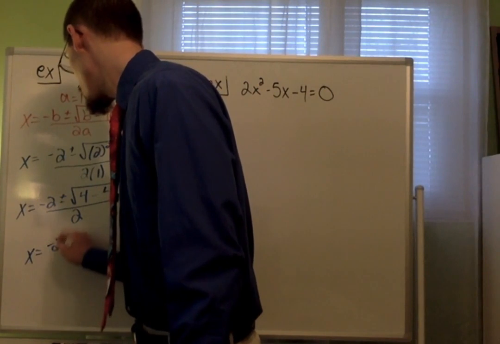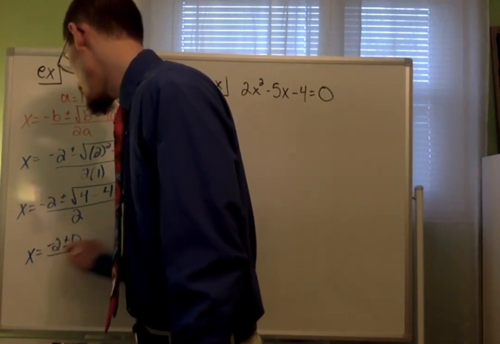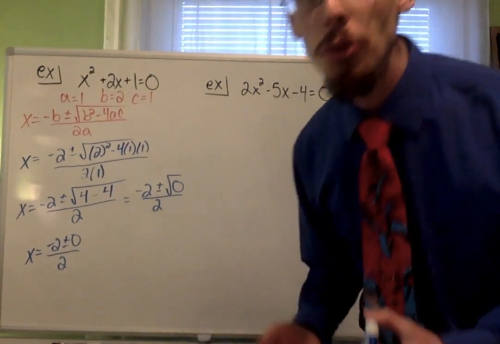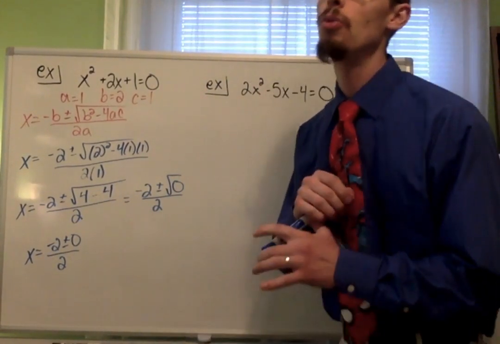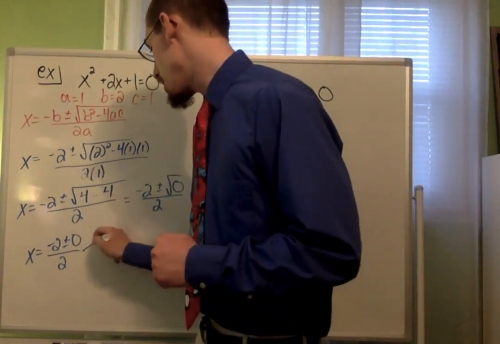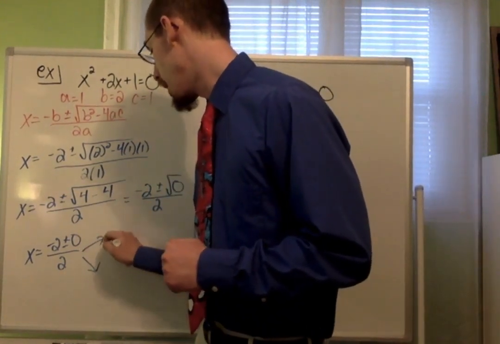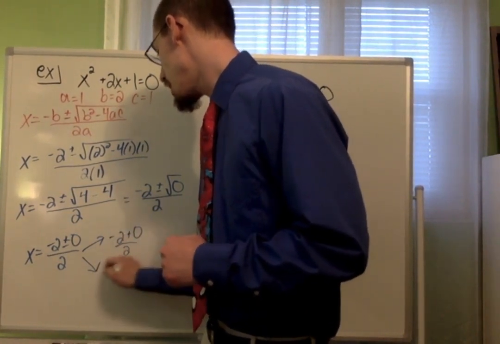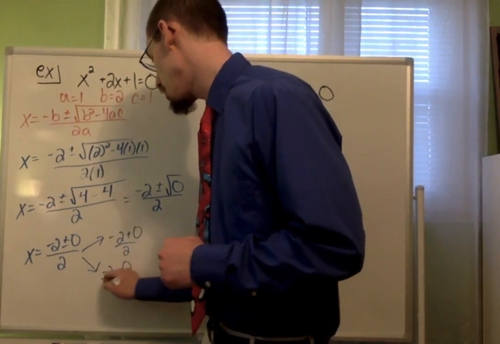So negative 2 plus or minus 0 over 2. Once you've gotten rid of the square root, you are ready to split it up. But something interesting is going to happen here. I'm going to get negative 2 plus 0 over 2 and negative 2 minus 0 over 2.